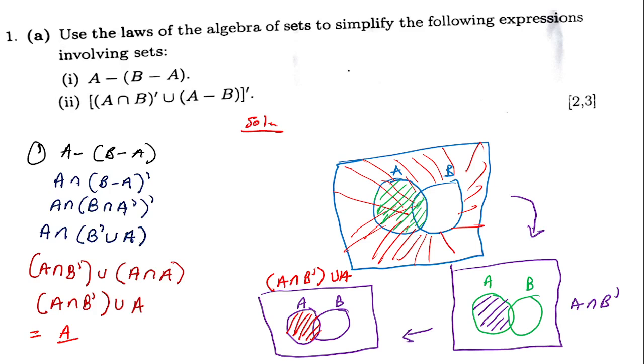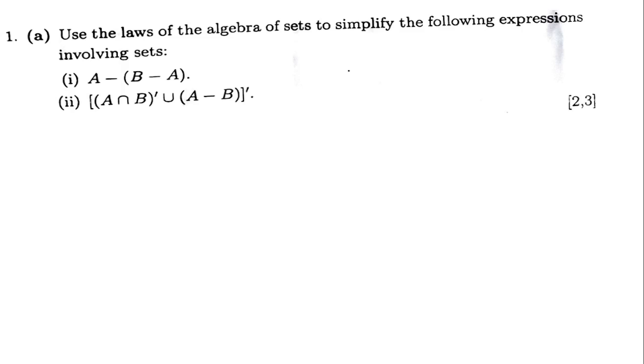Let's move on and look at question number 2. The second one on this same question is this one. It is a little bit big compared to the other one. We have block bracket, open, A intersection B, close bracket, complement, union, open, A minus B, close, and then block bracket, complement.